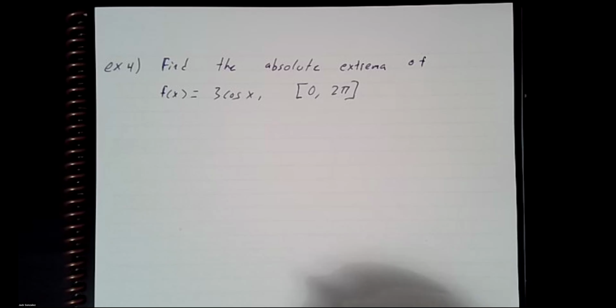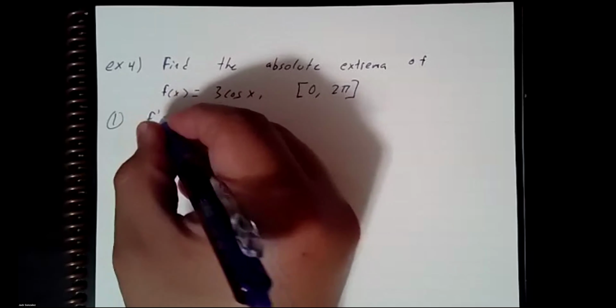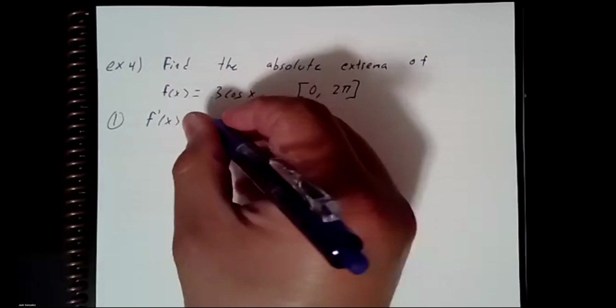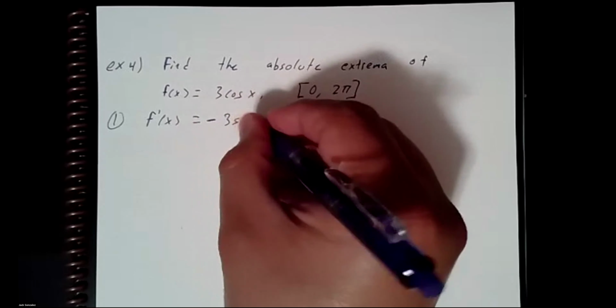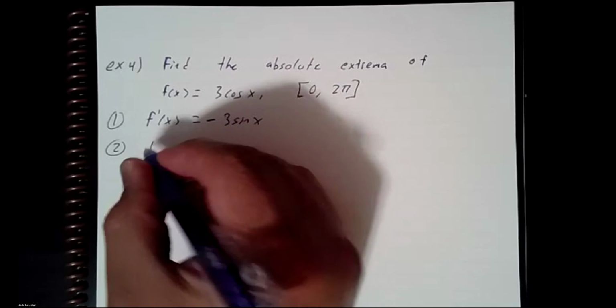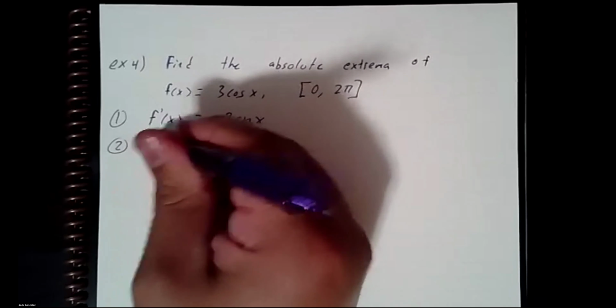Okay, so we'll shorten the steps this time. Step 1, derivative. What is the derivative of 3 cosine? -3 sine x. All right, second step, set this guy to 0.